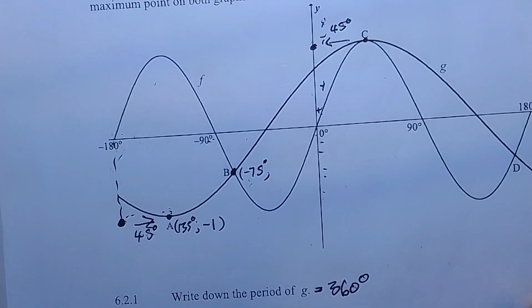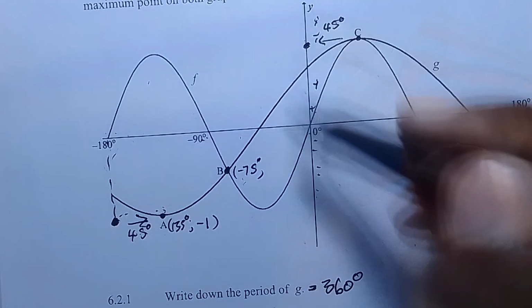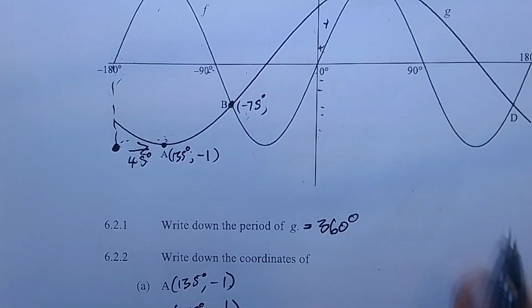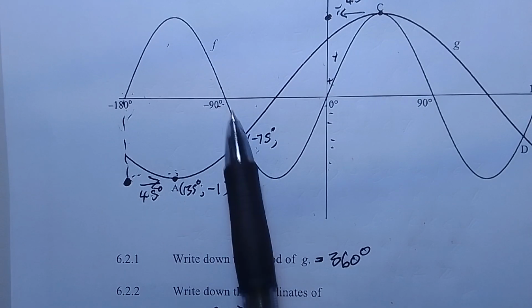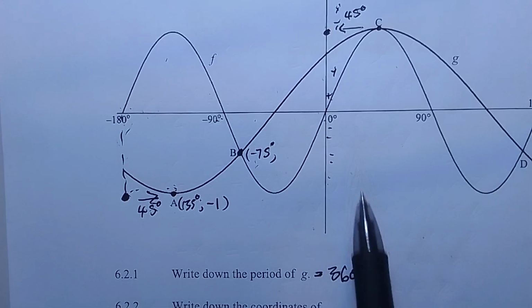So it means that f of x and g of x are both above the x-axis. And if f of x and g of x are both negative, that means they are both below the x-axis, because that's where the y values are negative.